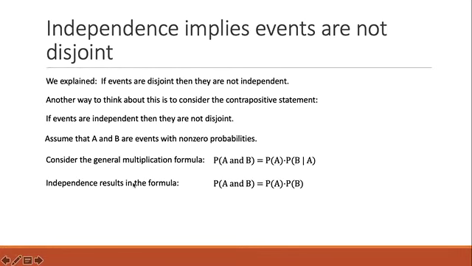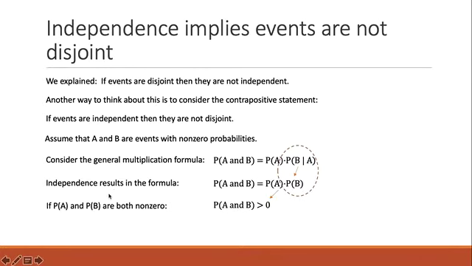So if I know that two events, A and B, are independent, the formula now looks like this: the probability of A and B is simply the probability of A times the probability of B. And the reason I know that independence accomplishes that is because of this expression. If A and B are independent, the probability of B is not dependent upon whether A happens or not. So given that A has happened, that has no effect on the probability of B. So the given A, this condition here, is not necessary. The probability of B given A is simply the probability of B, just by independence. And that gives me this special case for finding the probability of A and B.